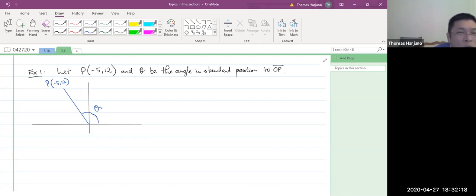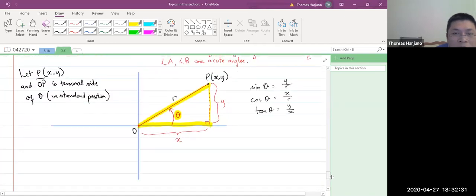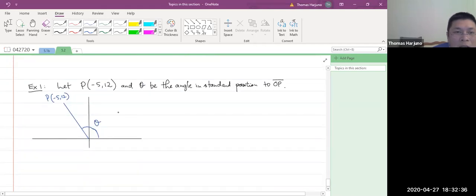Once we superimpose that on the rectangular coordinate system and redefine, not changing the definition but applying it in an even more general situation, we can see that sine theta will be the opposite, in this case y, over r.